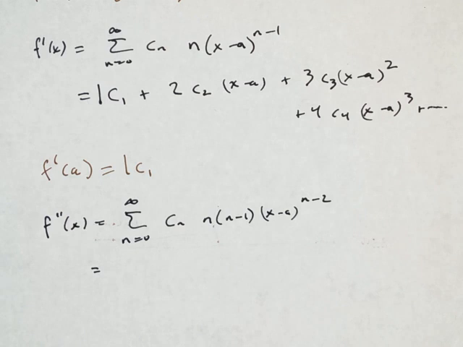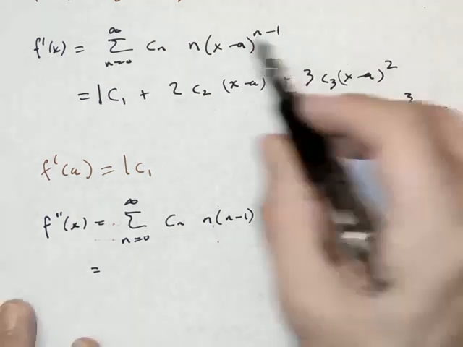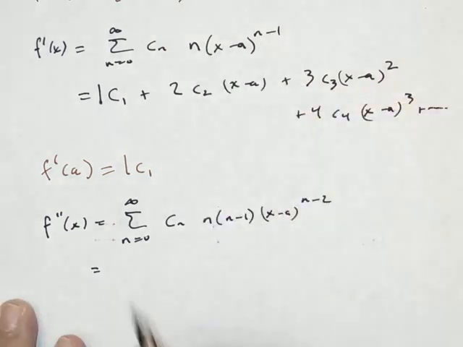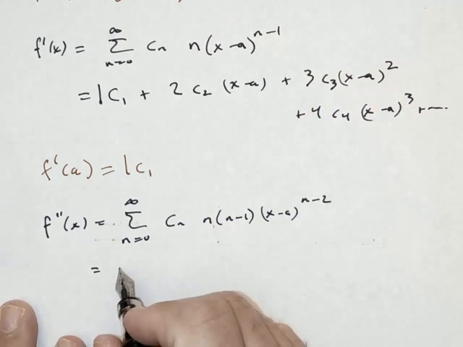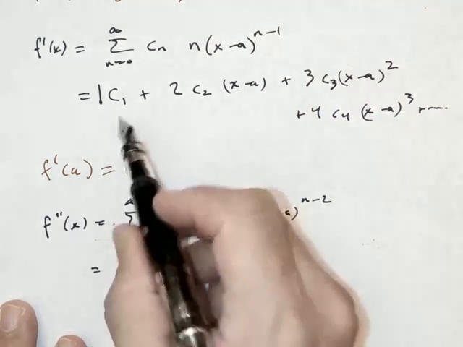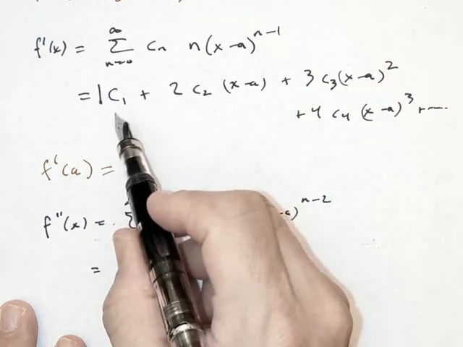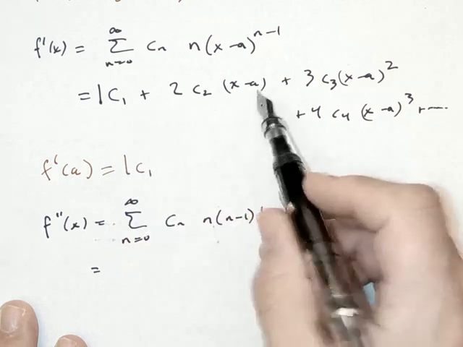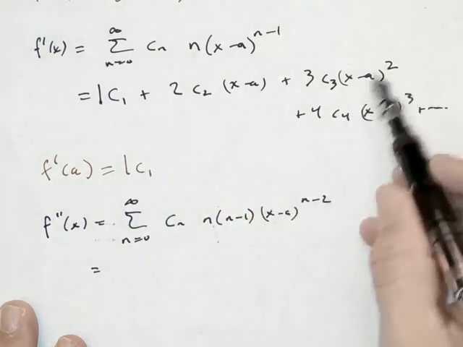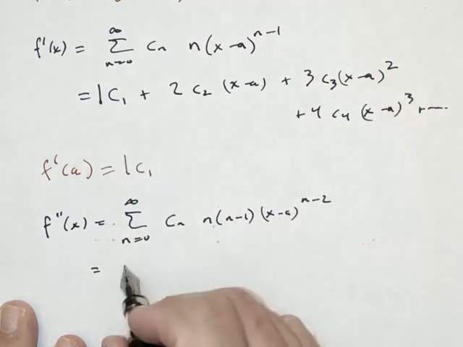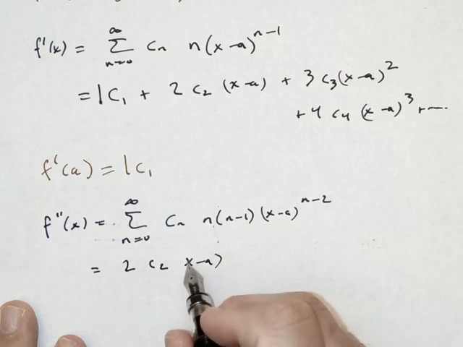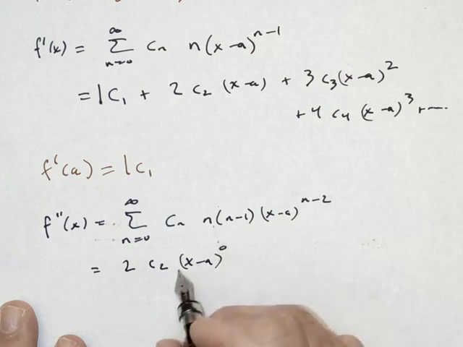I think that's easier, but I've written the term by term differentiation up there. I just did the power rule here, brought the power down, subtracted 1. Derivative of C0 is 0. The derivative of the linear term is a 1. The derivative of the quadratic term is going to have an x minus a to the first. Oh, wait a second. Right? So that's gone.